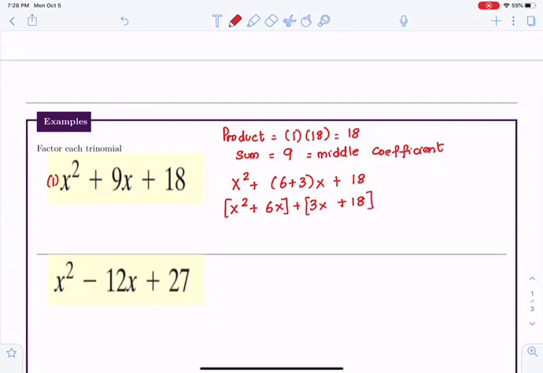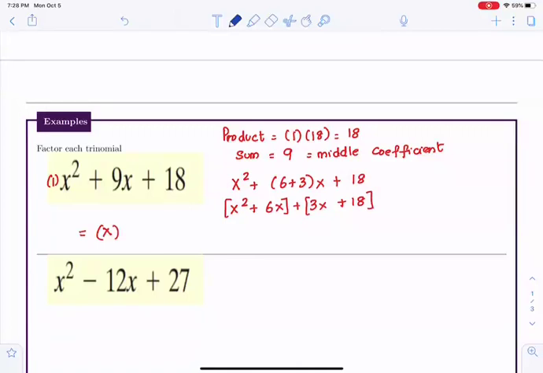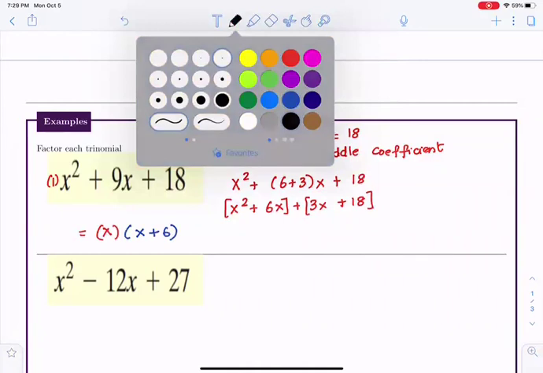Now we can factor by grouping. We have to look for a common factor between x squared and 6x. So the greatest common factor between x squared and 6x is x. So if I take out x from the first two terms, I would leave behind x and 6. There is a plus sign in the middle, so plus.